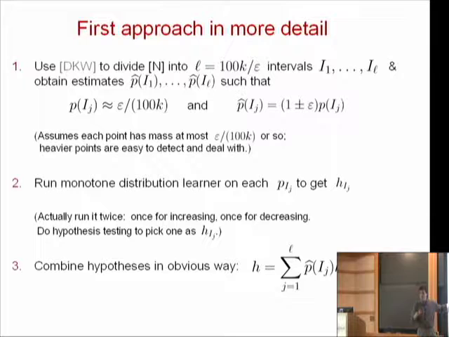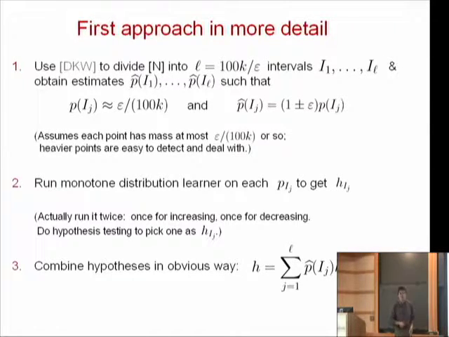But if so, every 100k over epsilon points, I'm going to hit such a heavy point, and I'll be able to recognize it as heavy. And you can just deal with them in a brute force way. For the purposes of the discussion, just pretend every point has mass at most epsilon over 1,000k or something, and then you can do something like this.